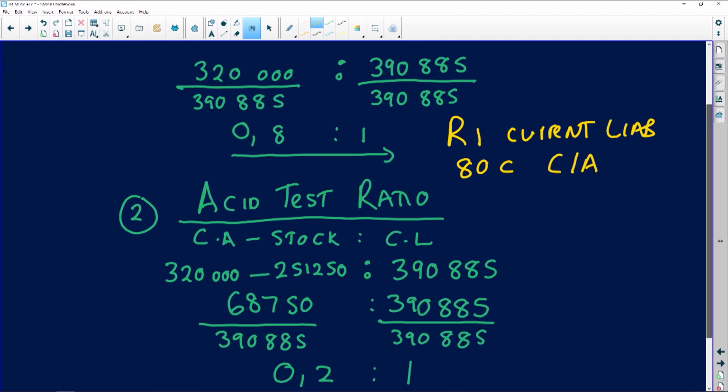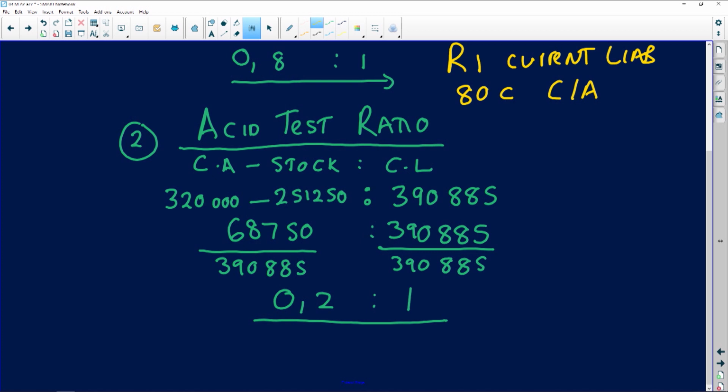And if I look at the asset test ratio, this is now even worse. For every 1 rand of current debt or current liability, I only have 20 cents of current assets without stock. So clearly this business is going to have liquidity issues.